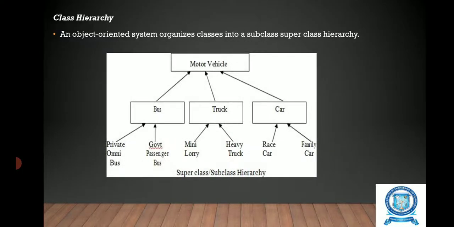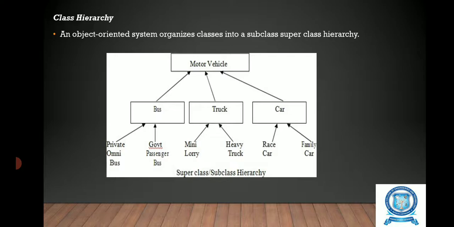Class hierarchy. An object oriented system organizes classes into a subclass and superclass hierarchy. This is a diagram for the subclass and superclass hierarchy. First we have a motor vehicle, which is the superclass, and we have subclasses like bus, truck and car.